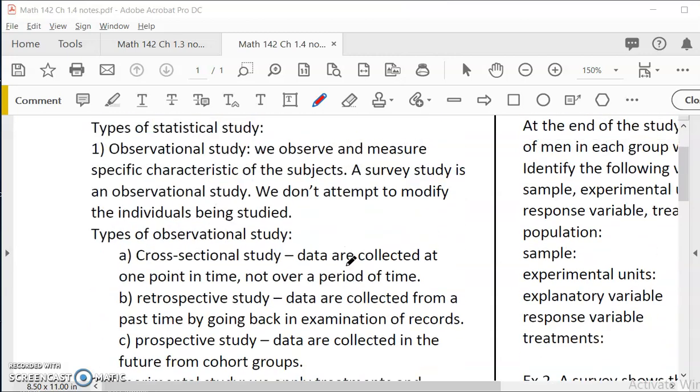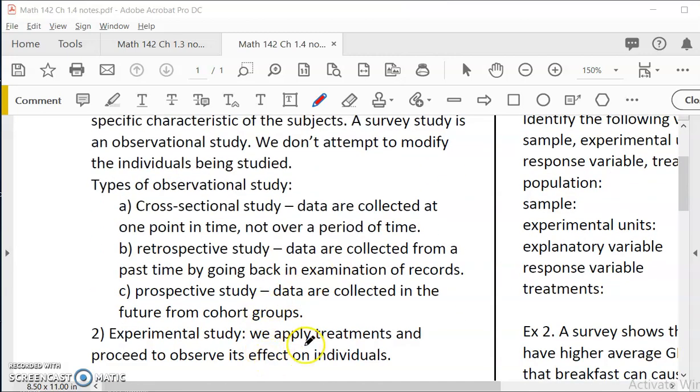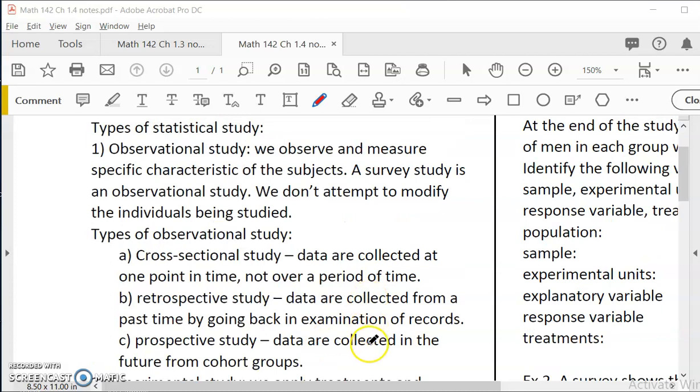A lot of the time experimental studies are used for that purpose. Observational studies are usually just measuring data for the individuals. Sometimes you do not want to study a relationship, but you could use data from an observational study to study a relationship.